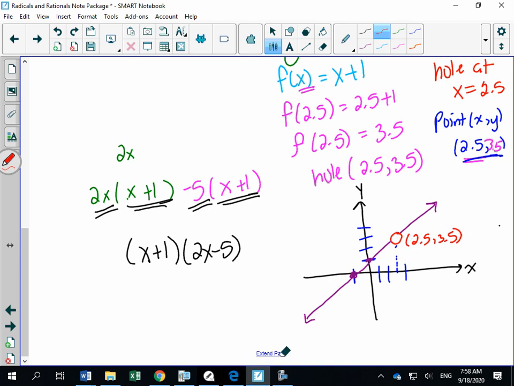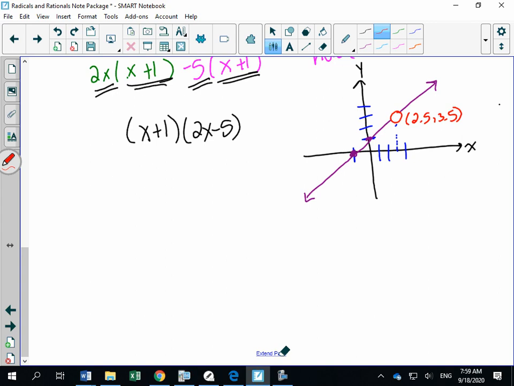One last thing that I want you to write down, and then this will be the end of the first part, is the workbook often calls it a hole because it is a hole. However, your diploma doesn't often use the term hole. What your diploma will call this is a point of discontinuity.